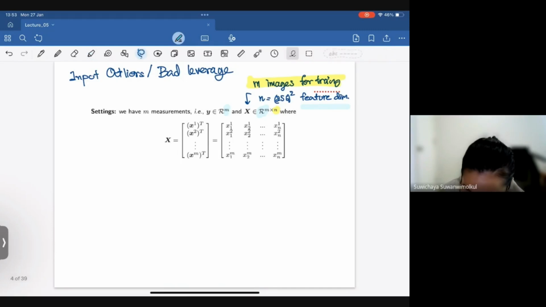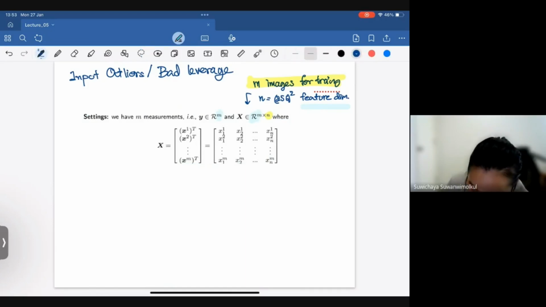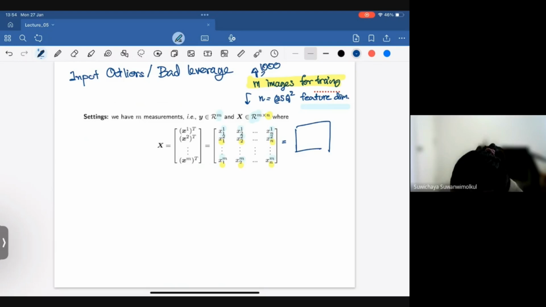And in the notation that I use throughout these slides, I'll use the superscript to denote the sample's index and the subscript to denote the feature dimension. So in this case, for example, if I have m images, let's say 1000 images for my training, then this will be 1000 rows and maybe 256 squared features.